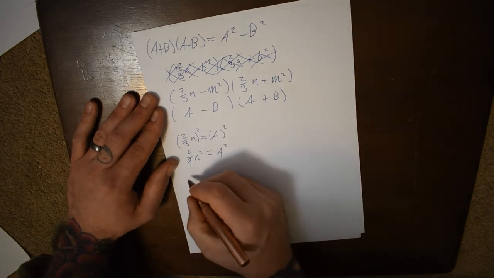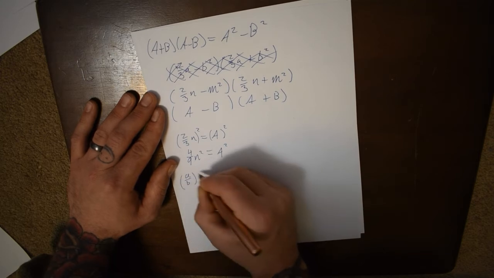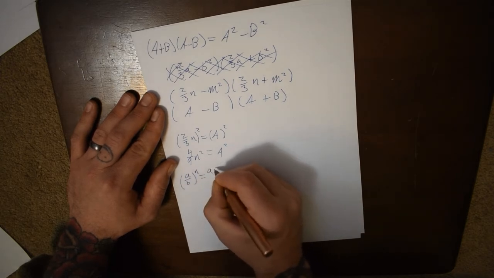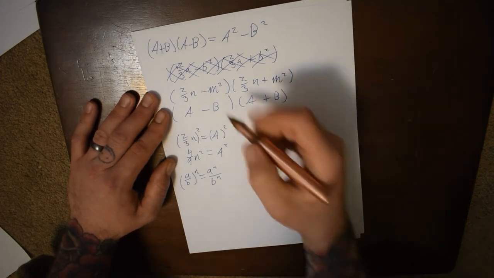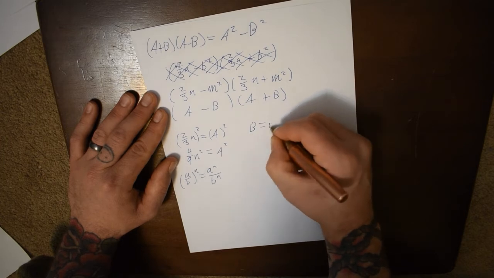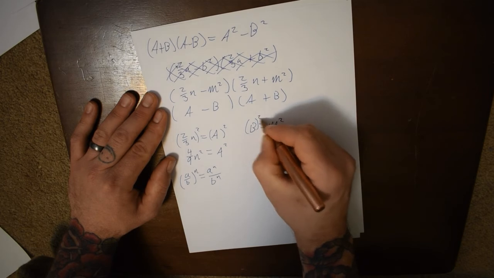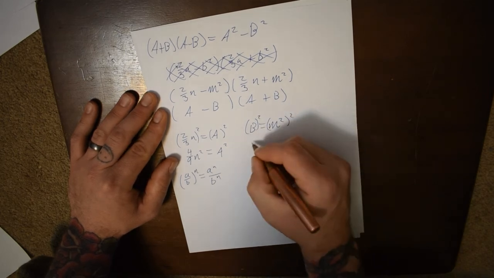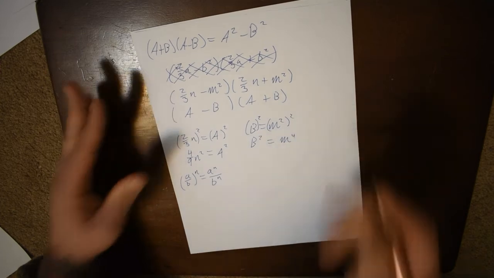Because remember, if we had (a over b) to the n, that's equal to a to the n over b to the n. Similarly, we have b being m squared in this problem. So when we go through and square both sides, we get b squared is equal to m to the 4th.